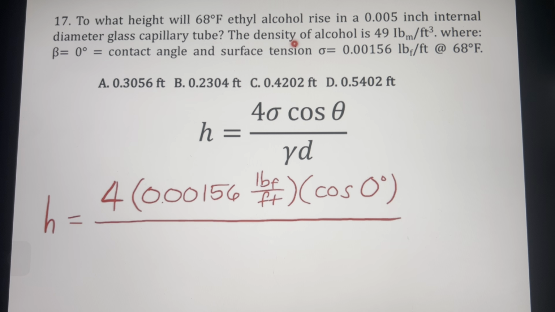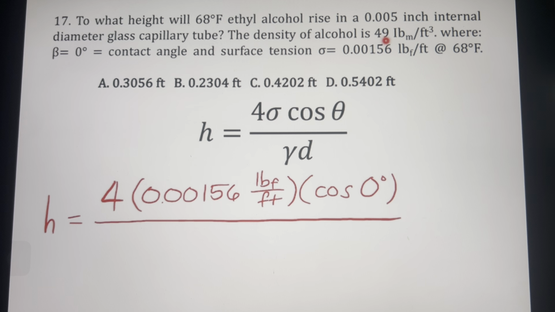So we need the specific weight, but we only have the density. We know that the density and the specific weight are actually different, but they are related. But take note, for problems like this which have English units, the density and the specific weight are numerically equal. How?